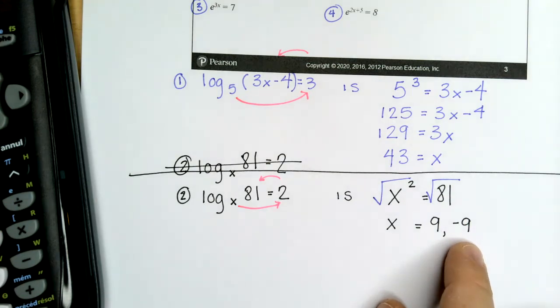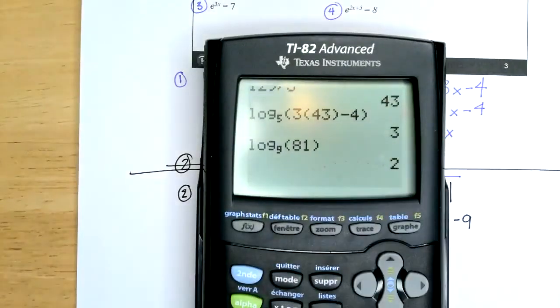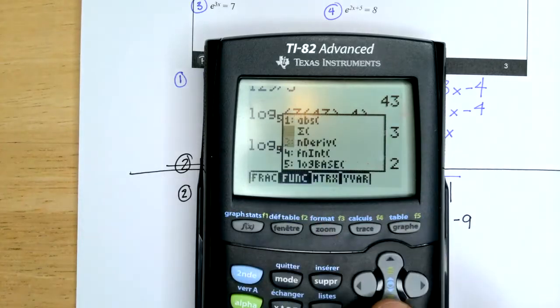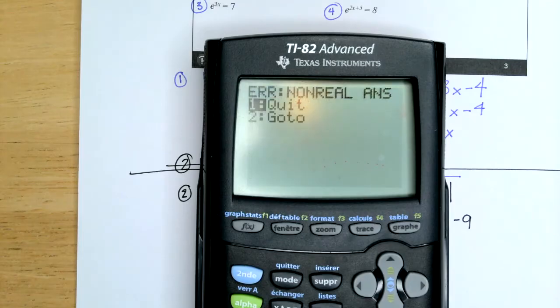Negative 9 times negative 9 is 81. Yeah. All right. Log base negative 9 of 81 is a non-real answer.